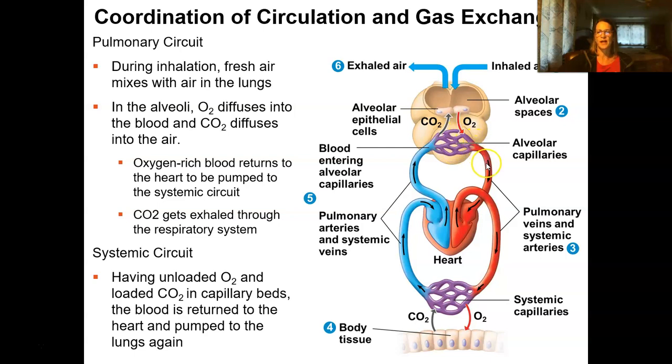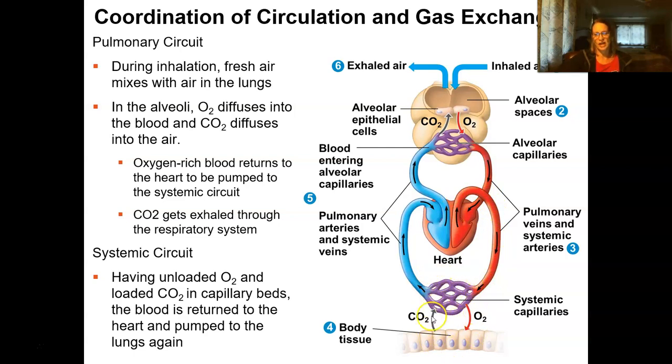The oxygenated blood comes back to the heart. Remember, this is the left atrium. Oxygen-rich blood gets pumped into the left ventricle, and the left ventricle pumps the oxygenated blood to the rest of the body, out the aorta, and these are arteries, into the systemic capillaries all over the body.